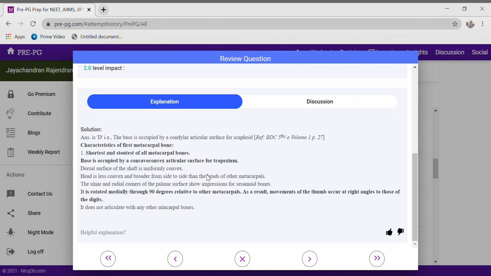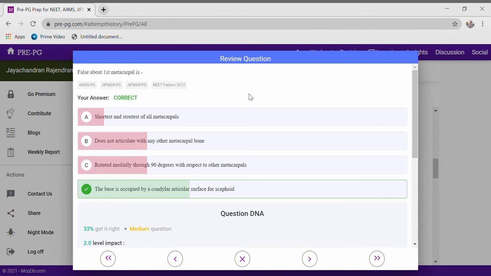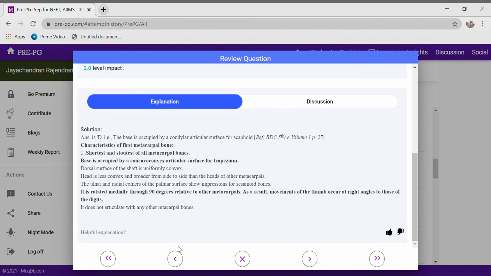As I told you, from lateral to medial, the base is occupied by the trapezium. It is rotated medially through 90 degrees relative to other metacarpals. As a result, movement of the thumb occurs at right angles to the other digits. It does not articulate with any other metacarpal bone. This is a special feature.